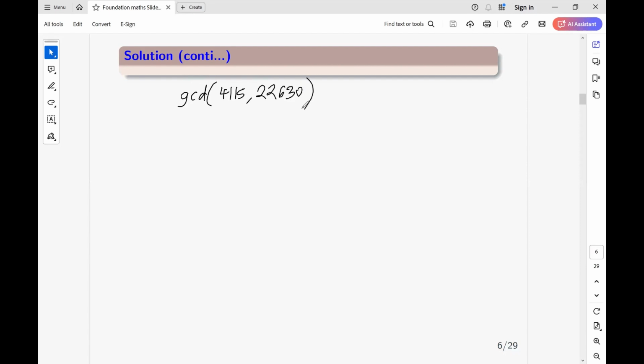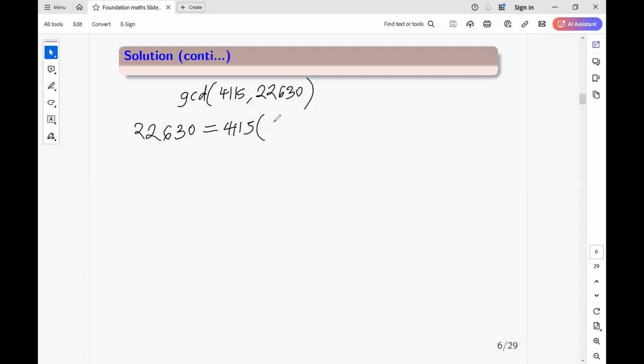To use the Euclidean algorithm, we take the larger number and divide it by the smaller. Now we want to find the quotient when we're dividing 22,630 by 4,115.